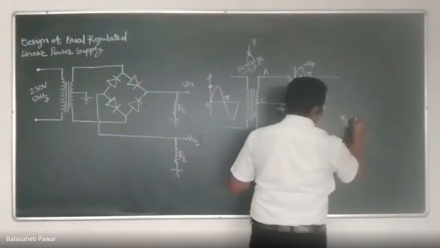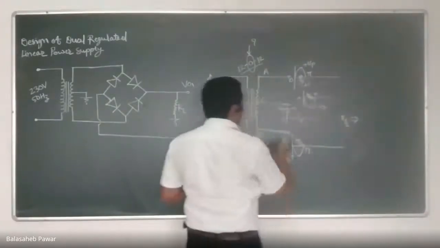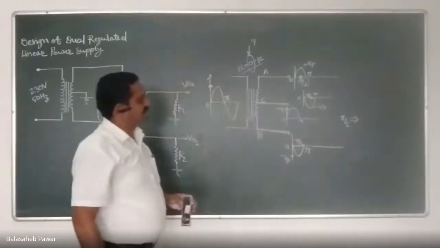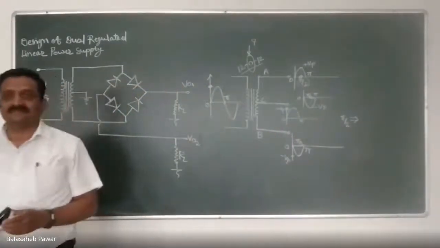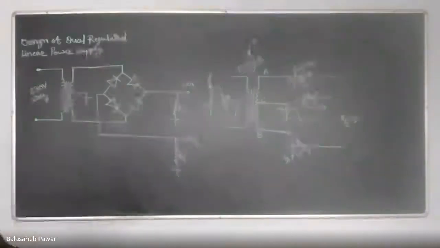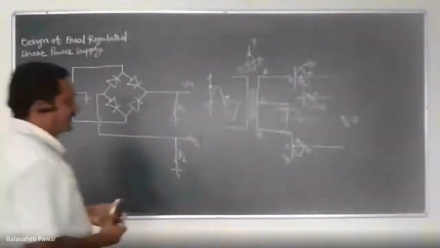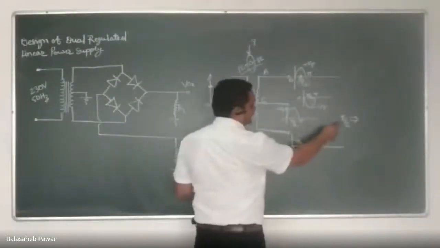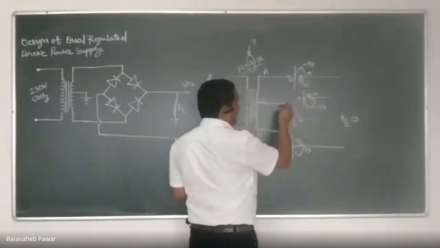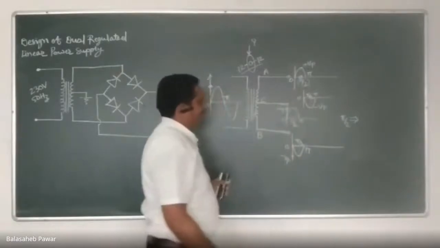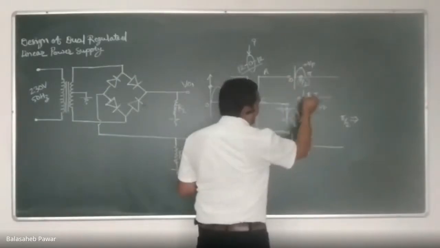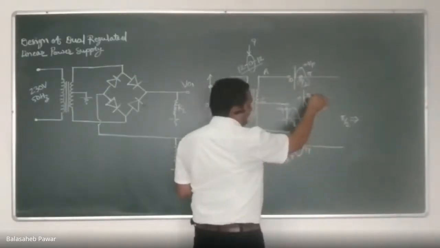Now, at pi by 2, net potential at terminal C will be how much? I am asking one question. At pi by 2, net potential at terminal C will be how much? 0. It will be 0 because of the upper half secondary, it is at negative potential by the property of inductor, is it?